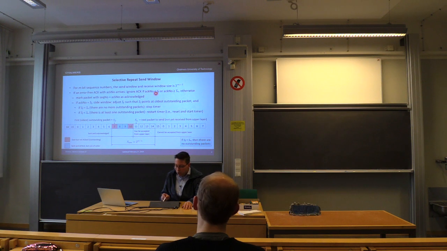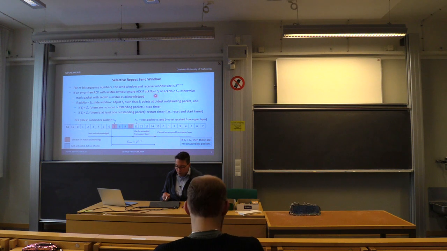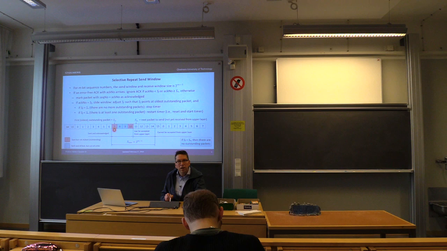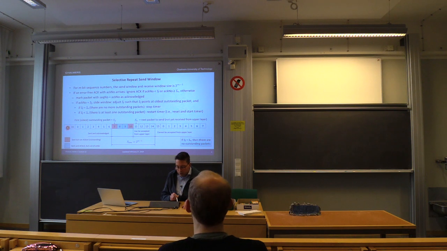So if the acknowledgement is less than SF, and what is SF? Well, it's a pointer to the first outstanding packet, so the oldest packet that we have transmitted but not yet acknowledged. If the acknowledgement is to the left here, we ignore it, because that only acknowledges things that we have already processed. So it is of no use to us.